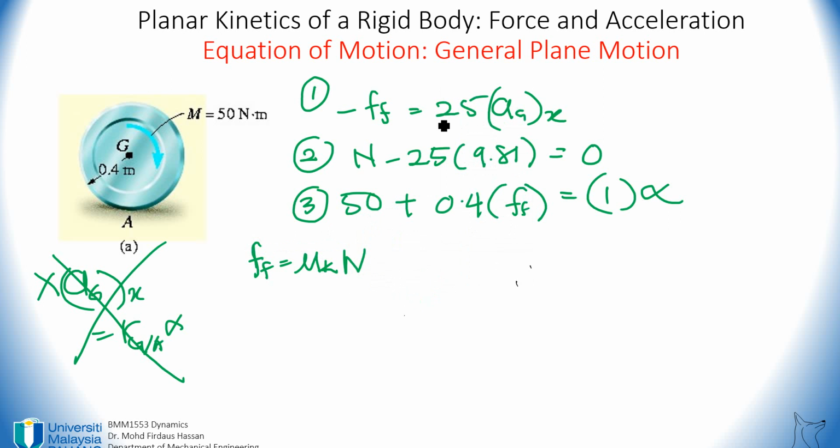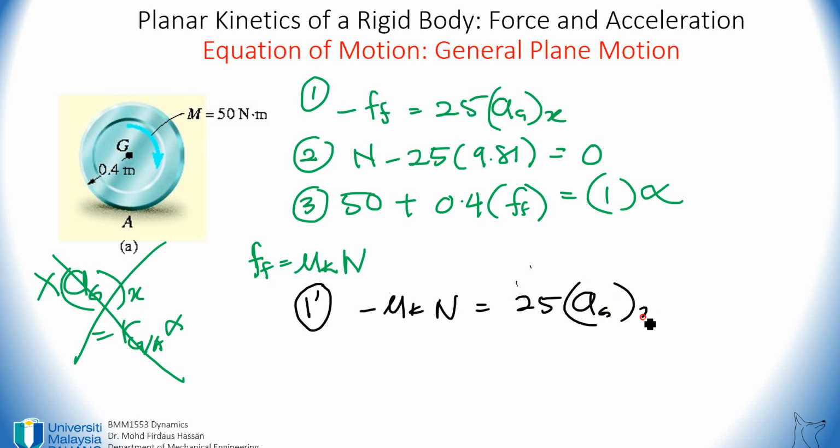Okay, instead of Ff, we replace in equation 1, I put 1 prime here, negative mu k N equal to 25 AGX. So here also N remains N, and then equation 3 we change it.